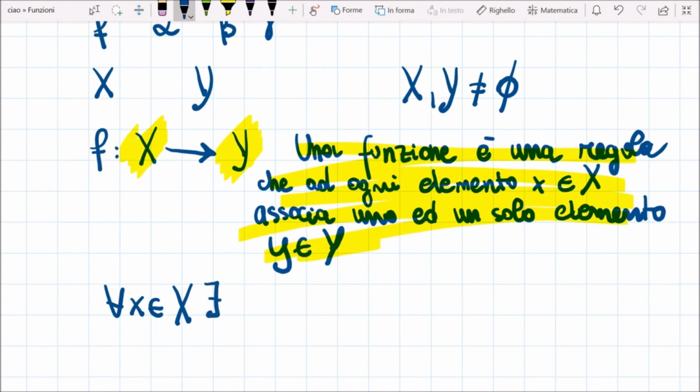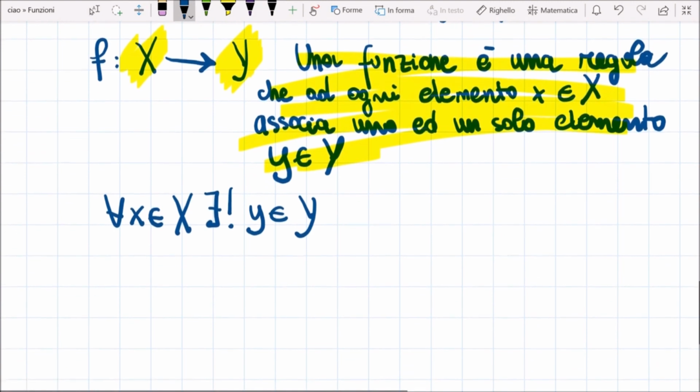In fact, we could equivalently say that the function f from X to Y is a law that, for every element x in the domain X, associates, or maps, one and only one element y in the codomain Y. So, we could write the universal quantifier, for every x in the domain X, which belongs to X, there exists, and here we'll use the existential quantifier, indicated by the upside down E, and to indicate that the element must be unique, we'll use the exclamation point.